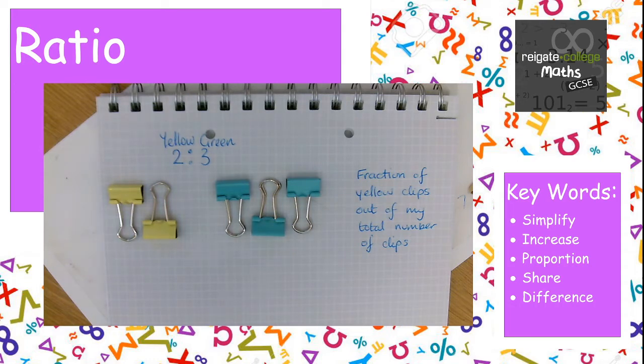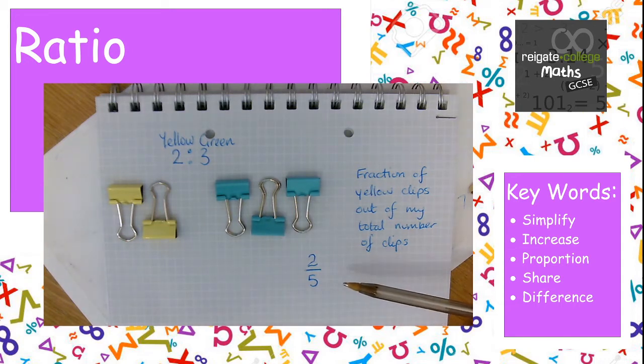So if I was to ask that question and just purely look at my clips, I can see I have 2 yellow clips. My denominator is going to be the total number of clips I have in front of me, and that's 5. So from a ratio of yellow clips to green clips, 2 to 3, I can see the fraction of yellow clips is 2 over 5.